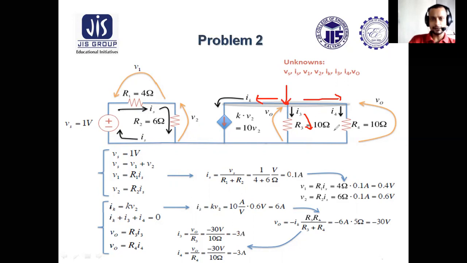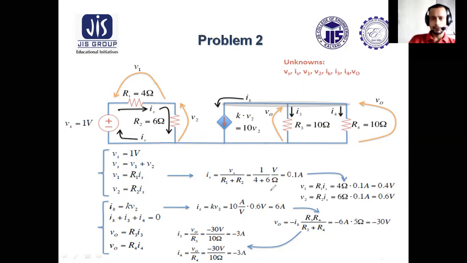IK plus I3 plus I4 equals 0. Okay. Now, how to find I3? See, it's very simple. This voltage is V0. Voltage across I3 is V0. And as R3 and R4 are connected in parallel, voltage across this is also V0.